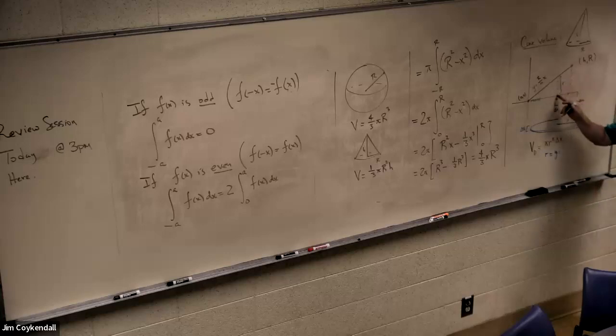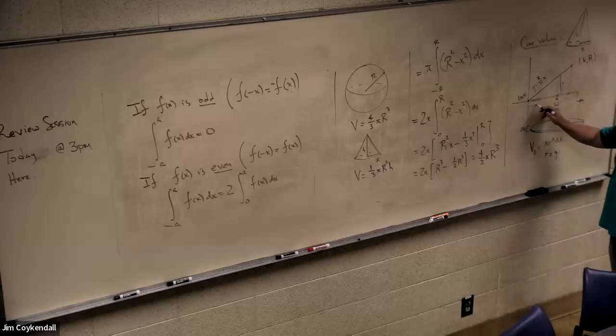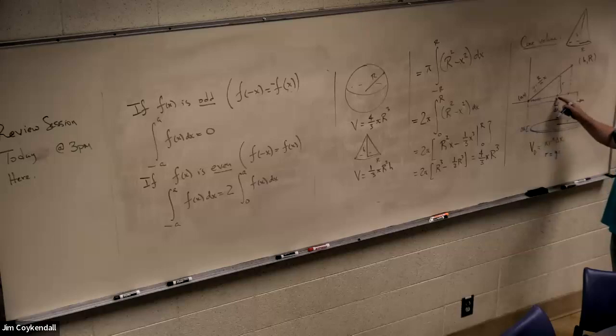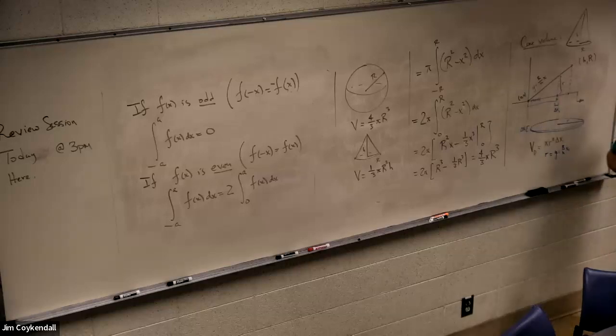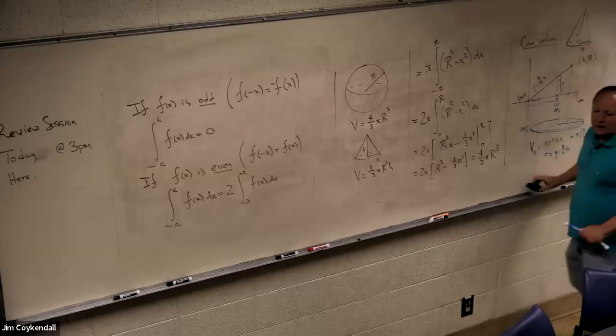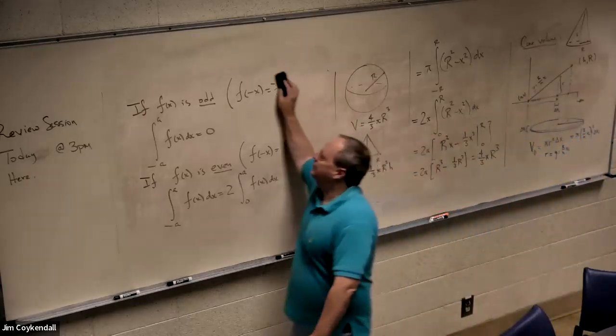It's the y coordinate that corresponds here, but the y coordinate is determined by this x. So it should be r over h x. Do I agree with that? So the volume is pi times r over h x sub i, squared, times delta x. That is the volume of just one of these discs.